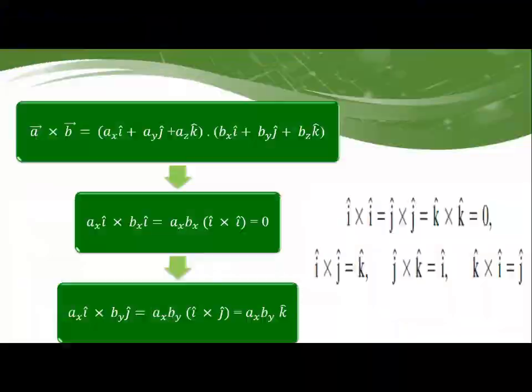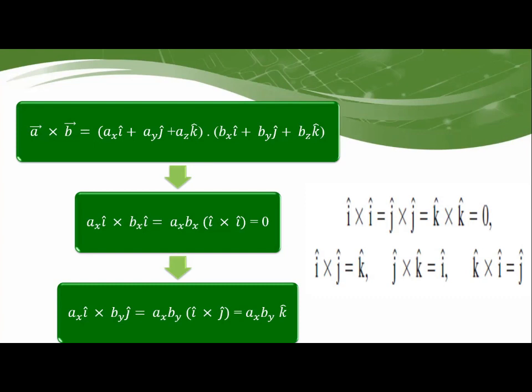For example, in the expansion of A cross B, we have AX i hat cross BX i hat, which is equal to AX BX i hat cross i hat, which is equal to 0, because the two unit vectors are parallel and thus have a 0 cross product.